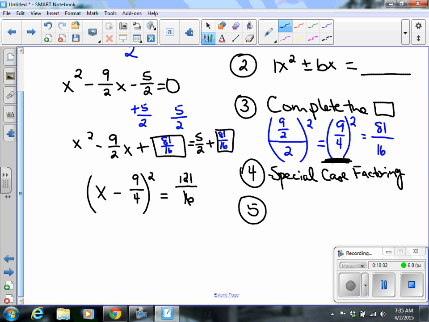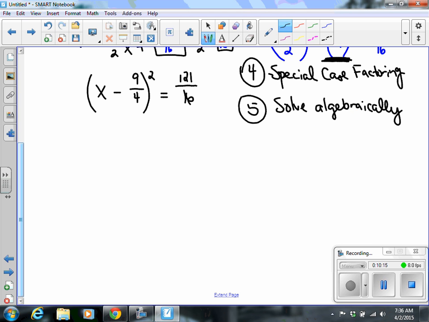Step 5, I'm going to solve algebraically. So I'm going to square root both sides. I have x minus 9 over 4 equals plus or minus, so what's the square root of 121? That's 11. And what's the square root of 16? That's 4.